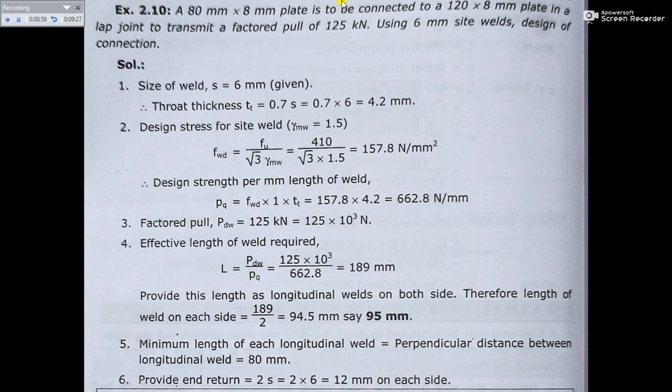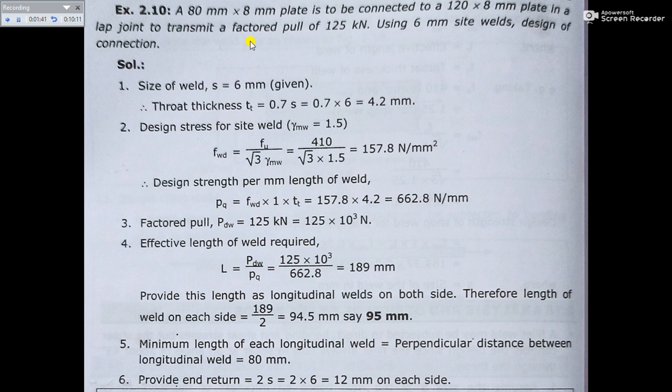See here, the thickness of both plates is the same, that is 8 mm, only the width is different, in a lap joint to transmit a factored pull of 125 kilonewton, using 6 mm size welds. We have to design the connection. So the size of weld S is given as 6 mm, therefore throat thickness TT is 0.7 into S, that is 0.7 into 6, which equals 4.2 mm.